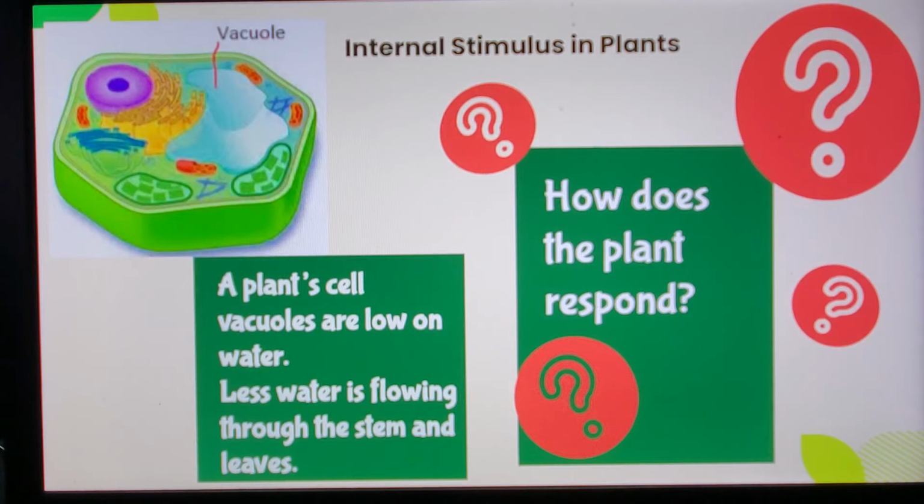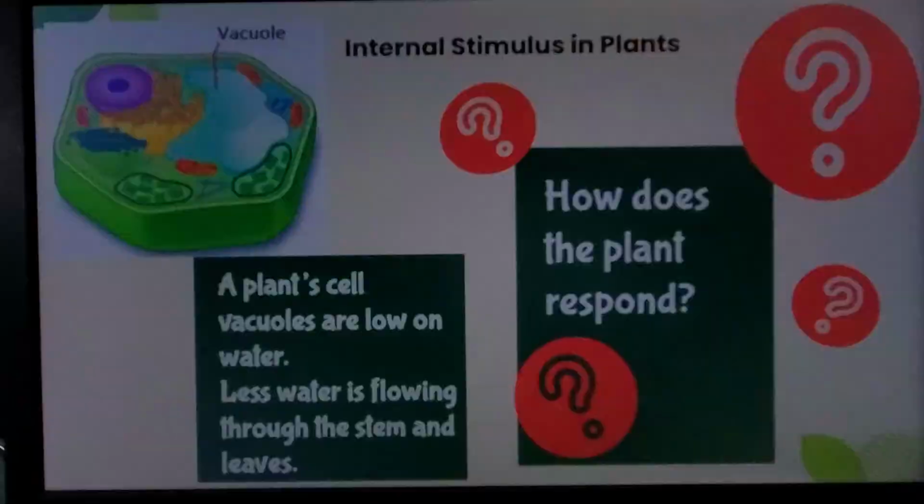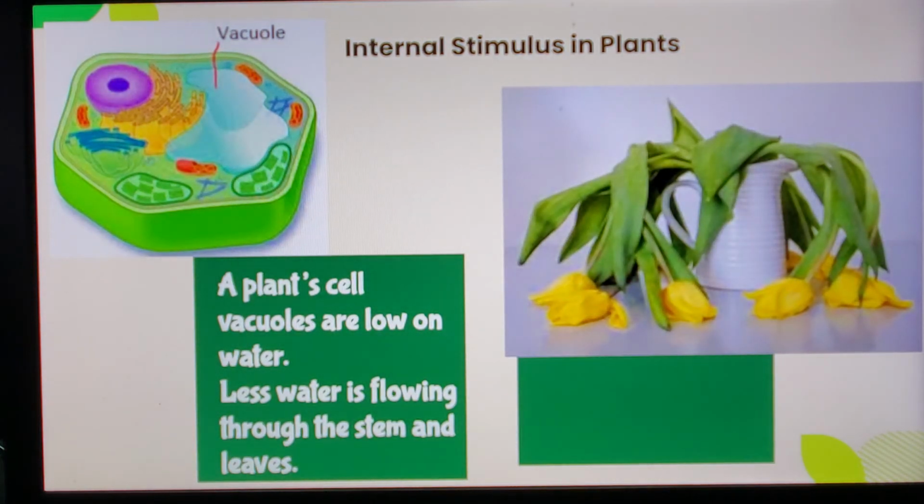So here's an example in plant, internal stimulus in plant. It says, a plant cell vacuoles are low in water. Less water is flowing through the stem and leaves. So what happens when plants are lacking water? This happens, okay? Plants will wilt.